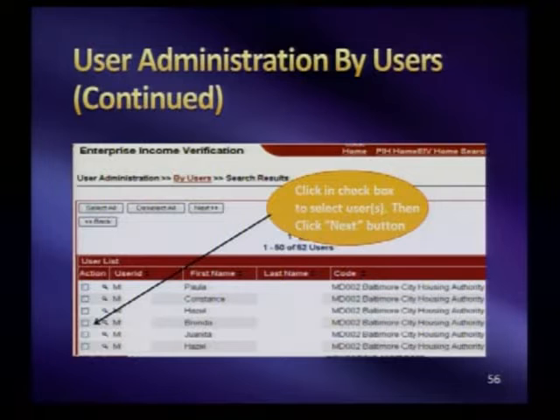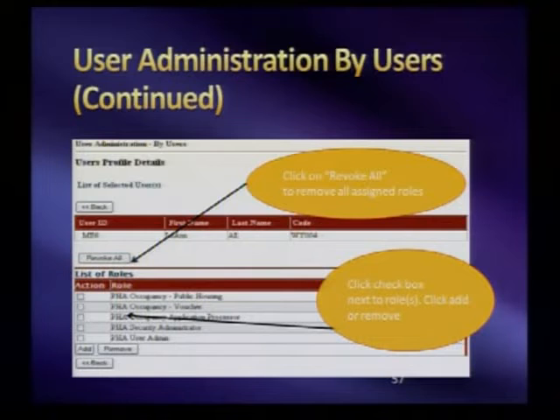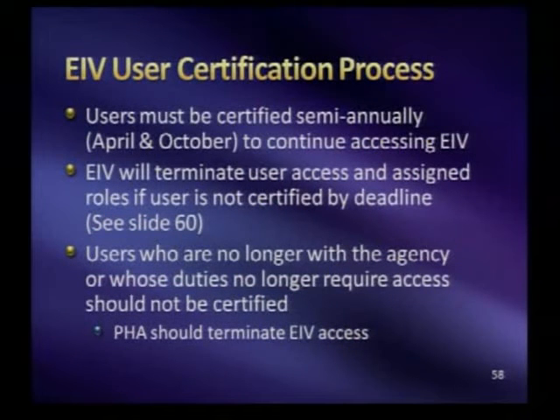Notice that there's a checkbox on the left-hand side, and there is where you would make the selection of which users you want to update and modify access. And then these are various applicable roles that you would click on to add the roles to the user or deselect a role by taking the checkmark out of the checkbox.